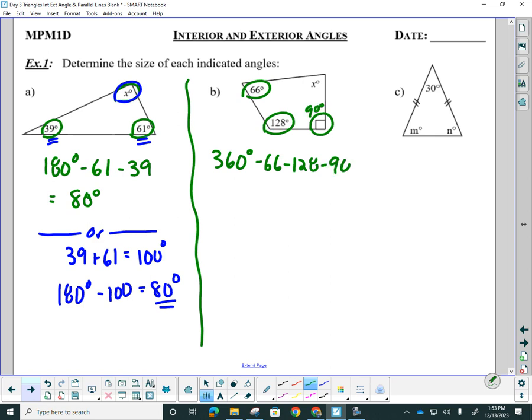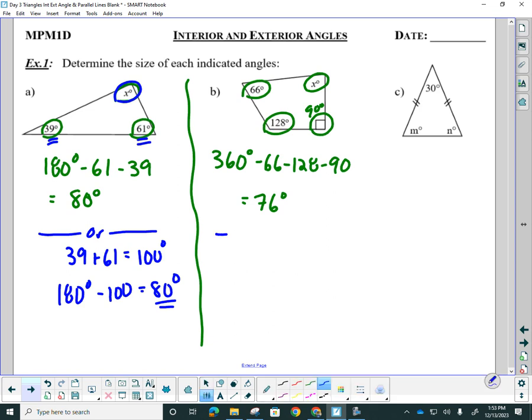That's the symbol we use for 90, a little square in the corner, because the corner is perfectly square. So if we take 360, subtract the 66, subtract 128, and subtract the 90, that means we're left with 76. And you can double check that on your calculator, that this one must be 76.